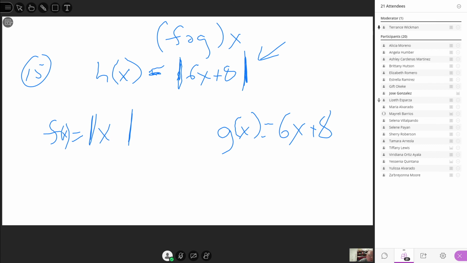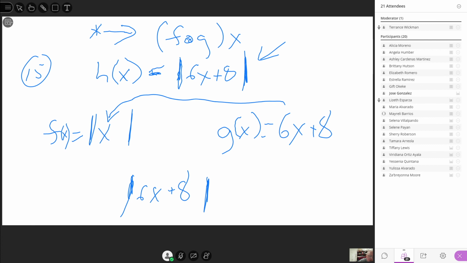The order where it's starred tells us the f function must come first. So we do this, and then we plug the g function in for the x, which is 6x plus 8. And all that's going to equal the h of x function. Does that make better sense?